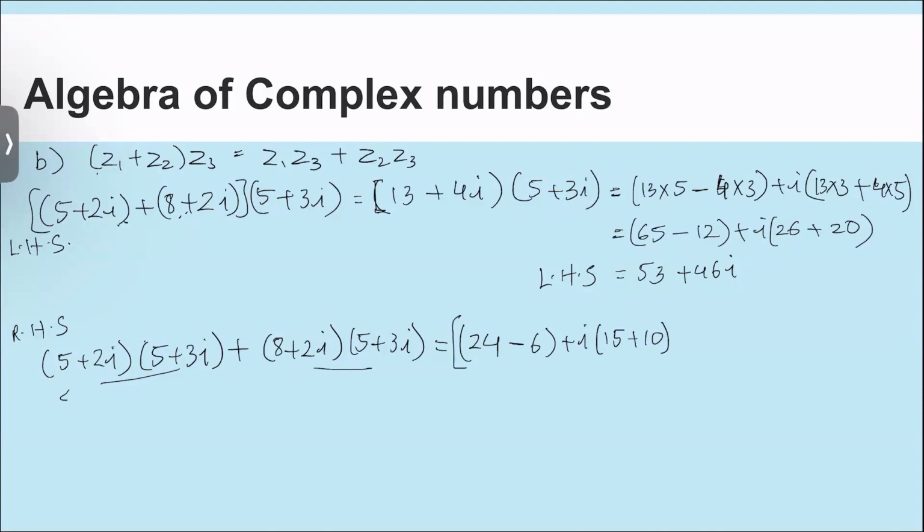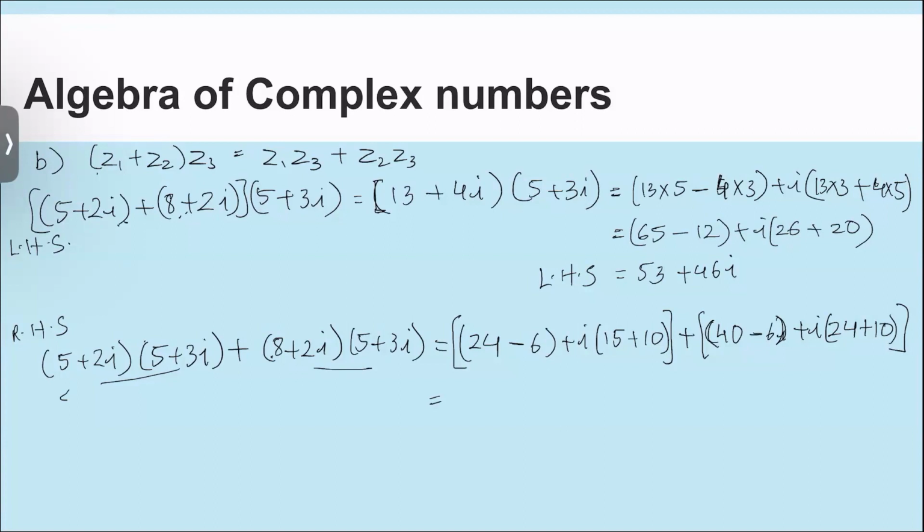Okay, so this is Z1 into Z3, then you add it up with the product of Z2 and Z3. Again, we write this in the general multiplication form. So AC is 40, minus BD, so you have minus 6. Then you have plus i times (AD, that is 24, plus BC, so 10). Okay, so you solve the brackets, you simplify it.